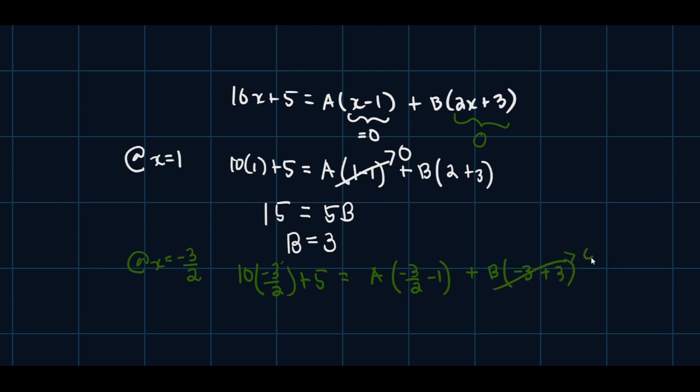So this again will give us 0. Simplifying this, we have negative 15 plus 5, negative 10, equal to negative 5 halves, a. Solving for a will give us 4.